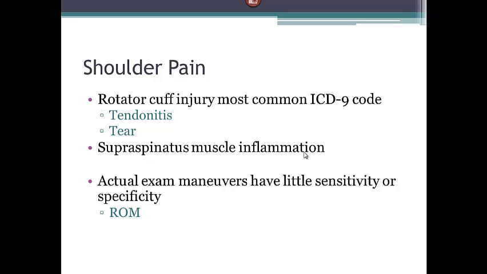Let's talk about shoulder pain. Shoulder pain basically is associated with tendonitis or supraspinatus muscle inflammation or subacromial bursitis. How do you normally do the exam on the shoulder?